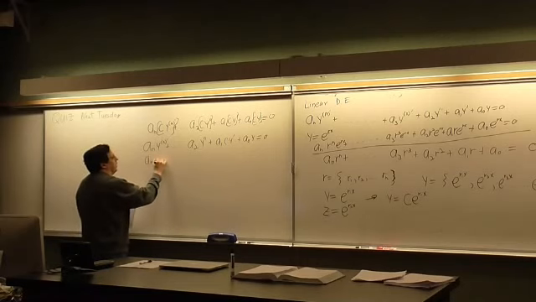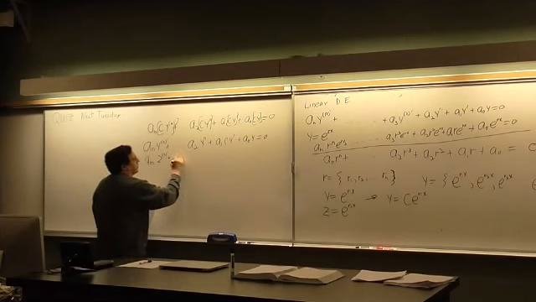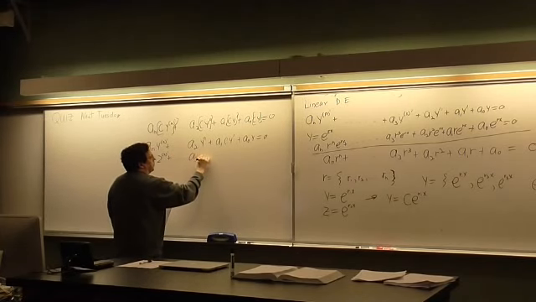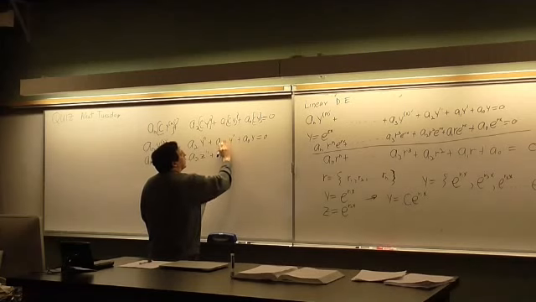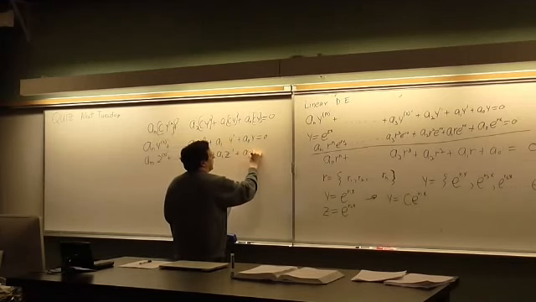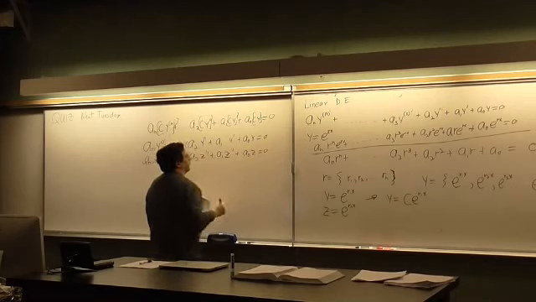So here I have a sub n z to the n plus a2 z double prime plus a1 z prime plus a0 z equals 0. z is another solution.